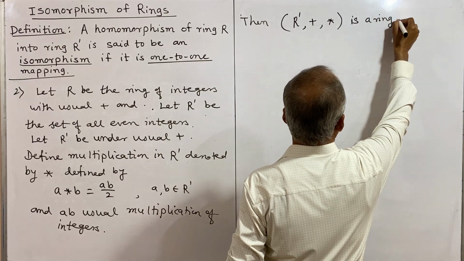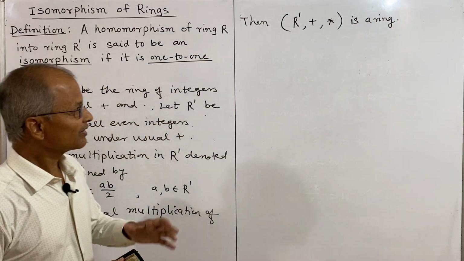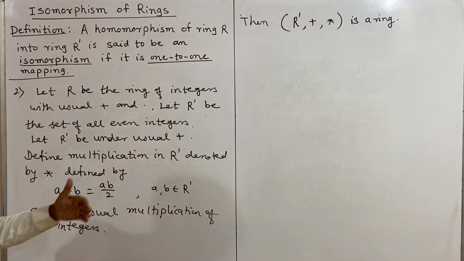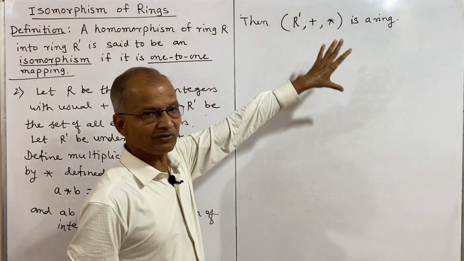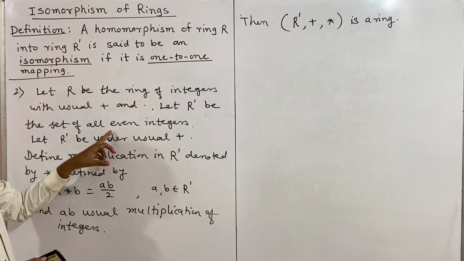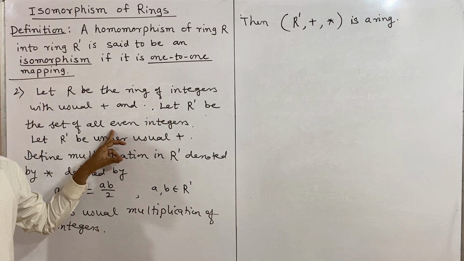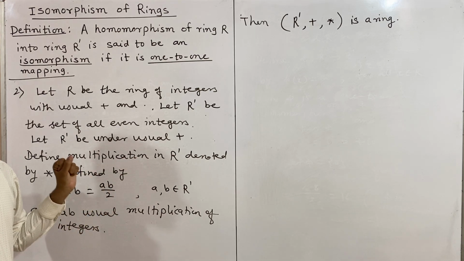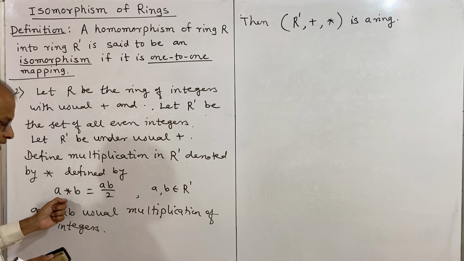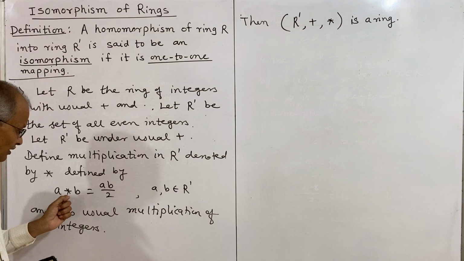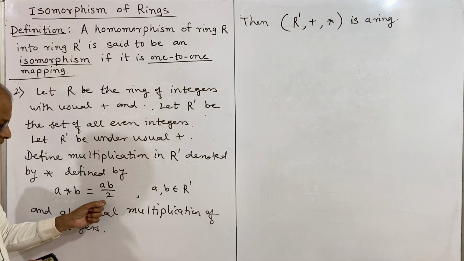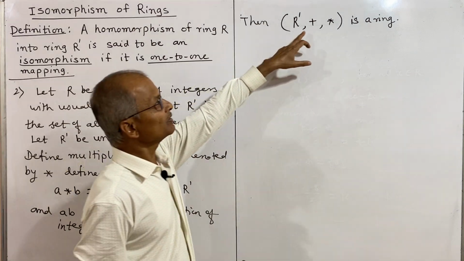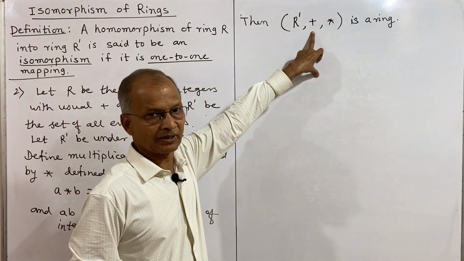You may verify the 8 axioms of ring. The set of all even integers with usual addition and multiplication forms a ring, but here the multiplication is changed, and that also forms a ring. So R dash with plus is an abelian group.